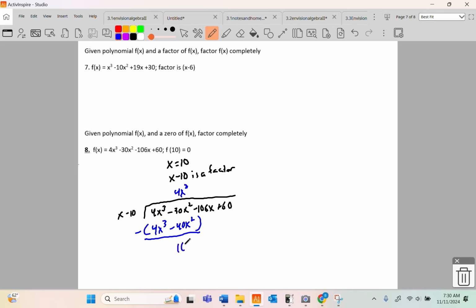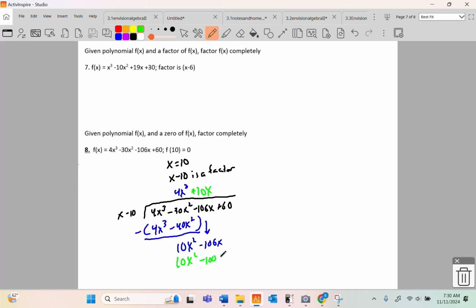And I'll have 10x squared. And I'm going to bring down my minus 106x. And this time I need to use a 10x because I need 10x squared. So plus 10x, and I'll get 10x to the second.